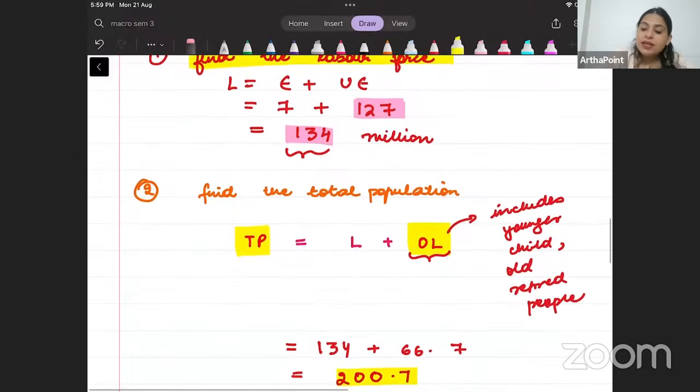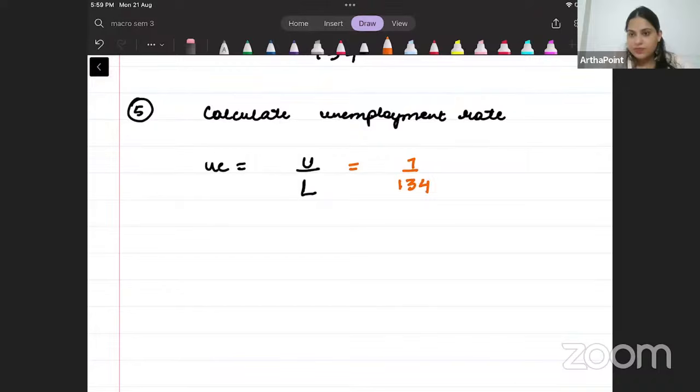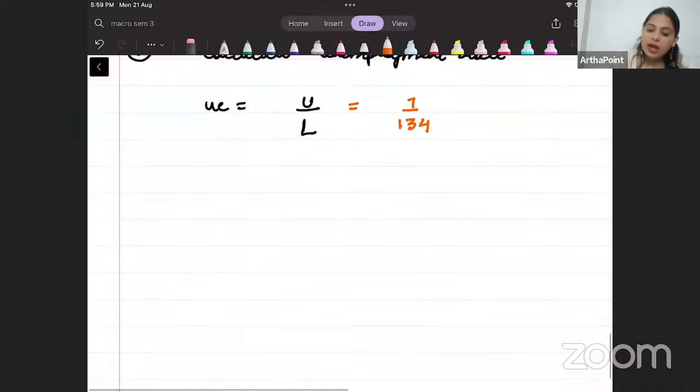So people unemployed are 7 and total labor force is 134. So this is going to be 7 divided by 134. This will be your unemployment rate. So I hope this is clear how we can find the employment rate and how we can find the unemployment rate. Now, let us make a few notes here.